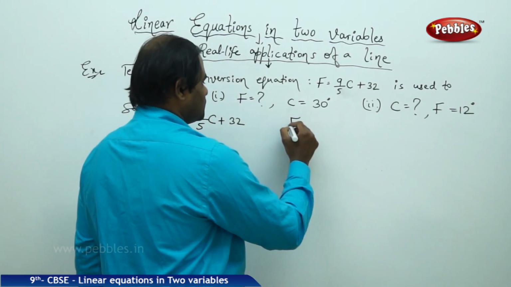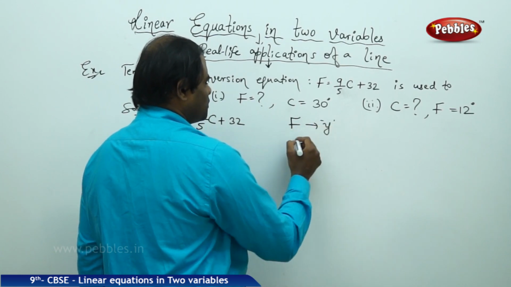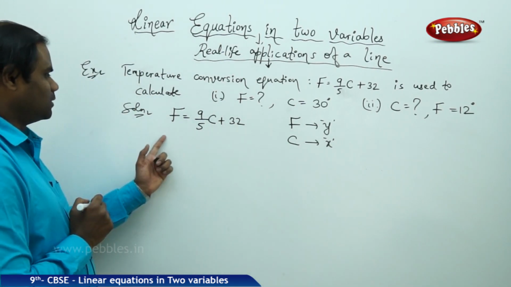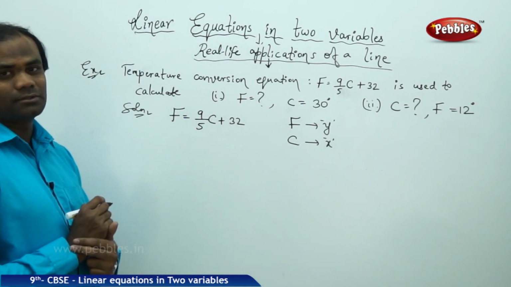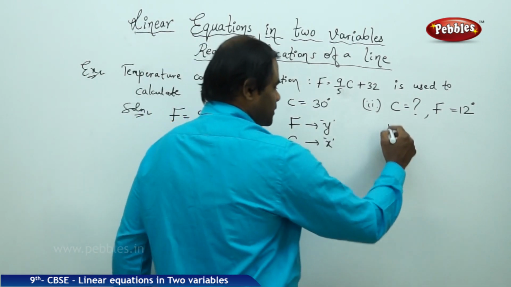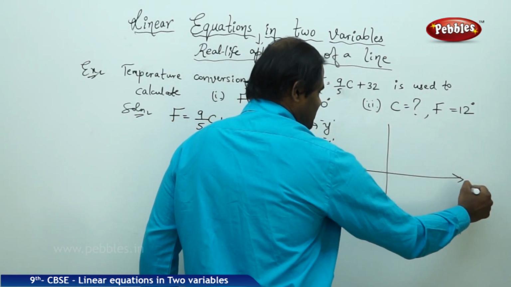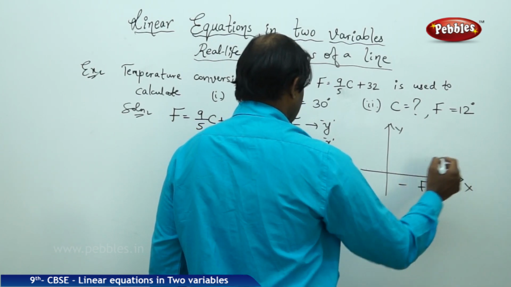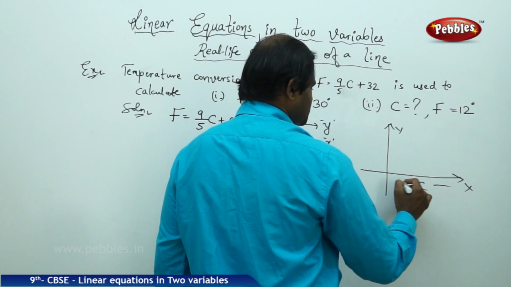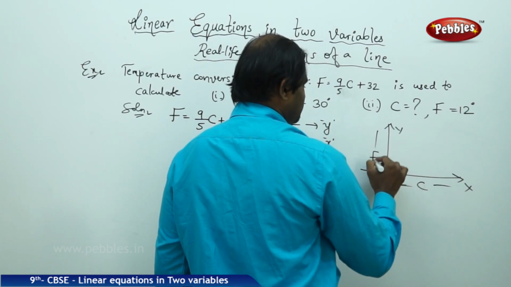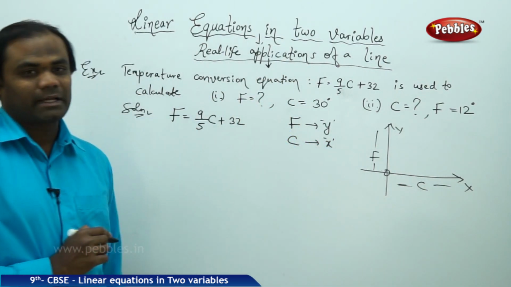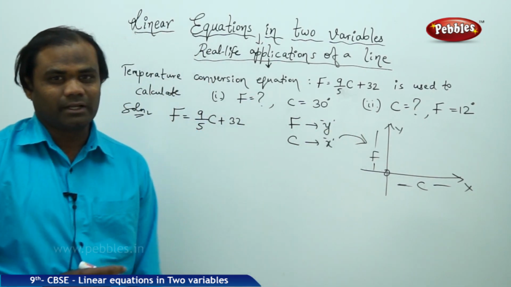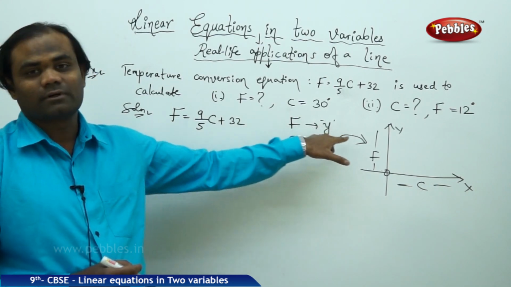Here F is assumed to be the y coordinate and C is assumed to be the x coordinate, where y equals 9 by 5 x plus 32. That is, when I take the x-axis and the y-axis, the centigrade comes on the x-axis and the Fahrenheit comes on the y-axis, which is how we understand it graphically, C for x and F for y.